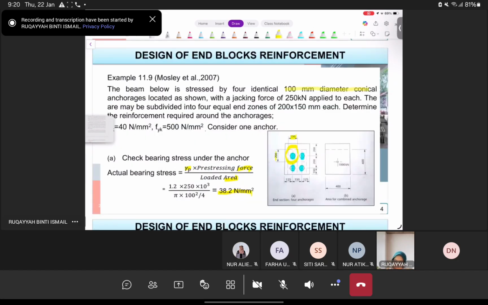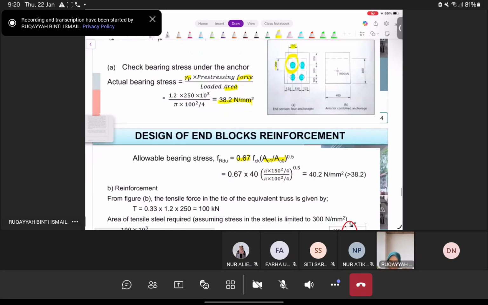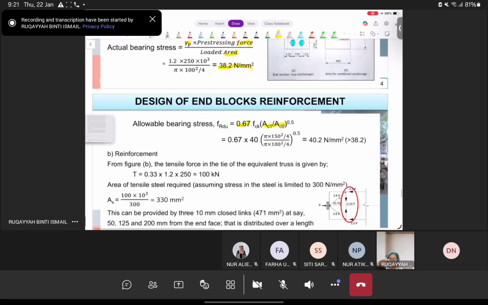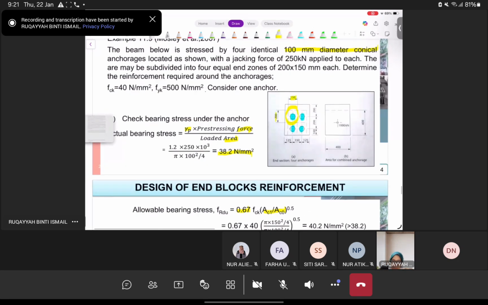So the diameter of the conical is 100 mm. Ac0 is the diameter of the anchorage itself, of the conical anchorage, and 150 is actually the area of this particular part. I just want to show it again, this particular part, this 150.